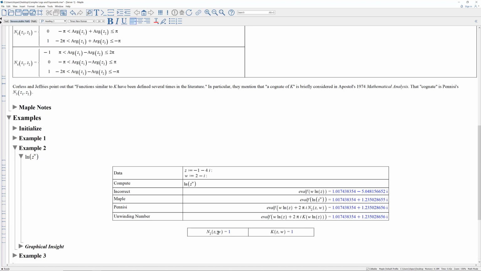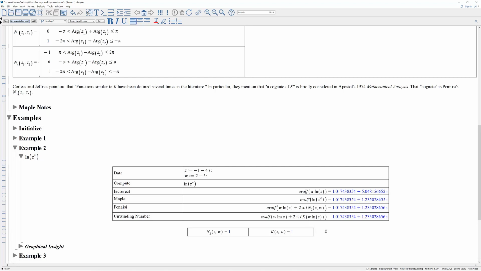N2 is what you need for the Panisi adjustment, and K is what you need for the unwinding number adjustment. And you can see here where the w fits into K, it's K of w log z. So the numbers work out either N2 or K. I think K is simpler.